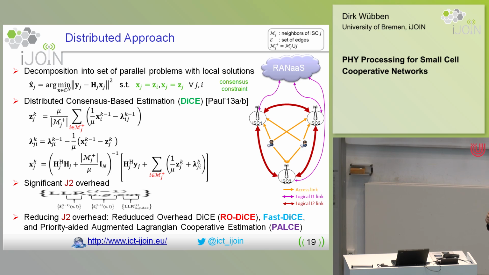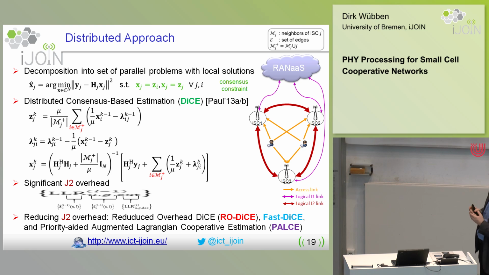Nevertheless, we are solving this problem at every place based on the local observations only. This leads to this iterative distributed optimization algorithm, detection algorithm, where we have to forward different variables between the ISCs.